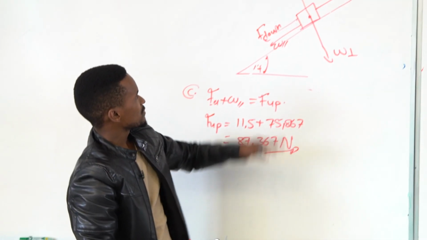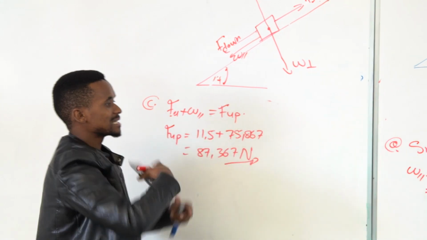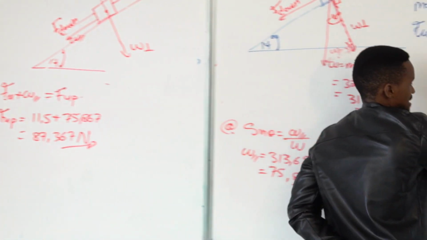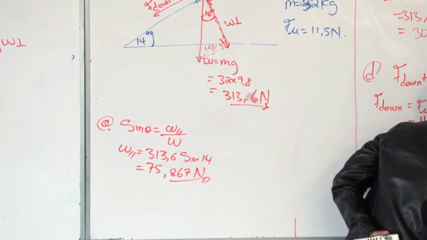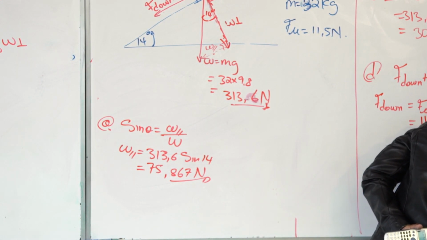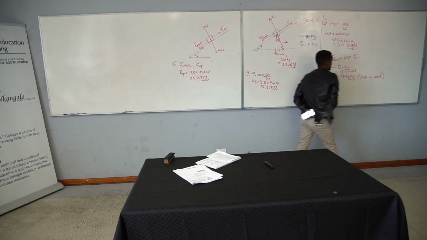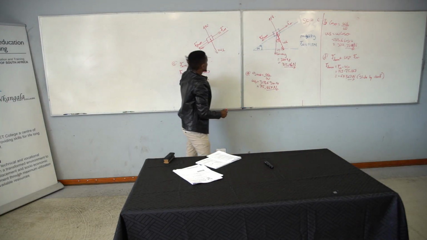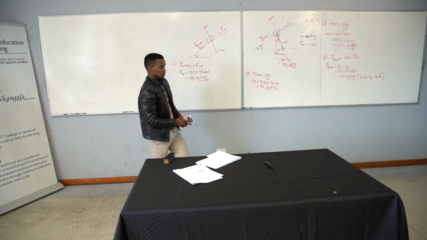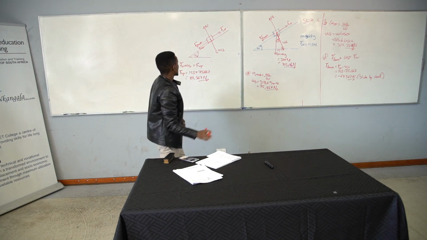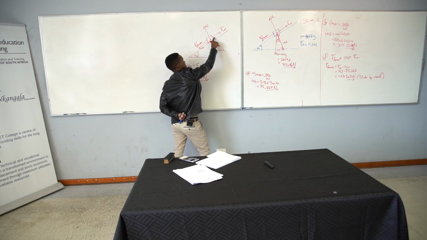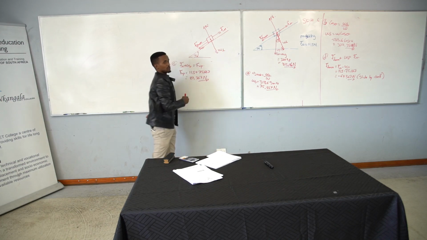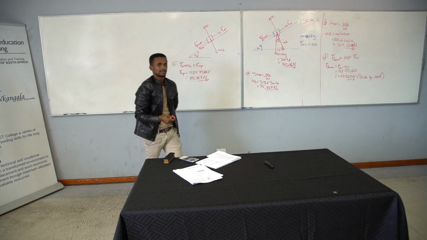It means now the block there, even if we didn't apply a force, slides by itself. That's what it means. And also what you've noticed is that the only thing we're checking is the direction. It's either we're moving up or we're moving down, right?